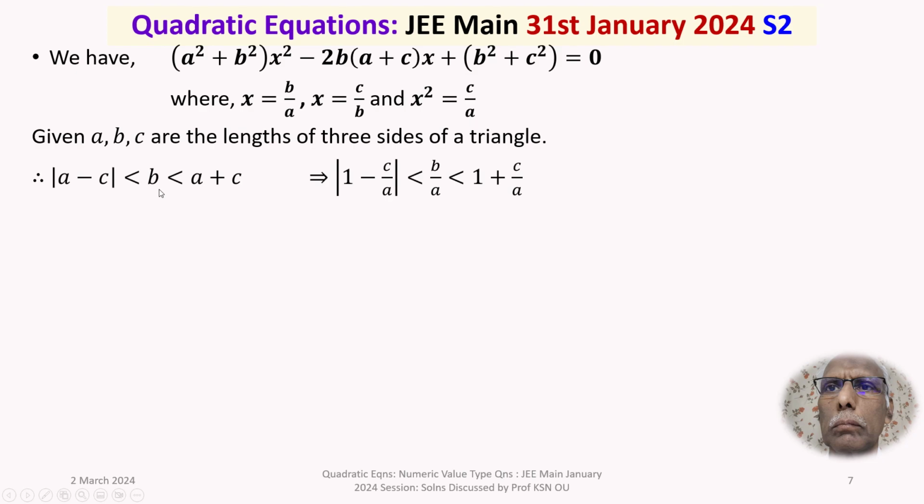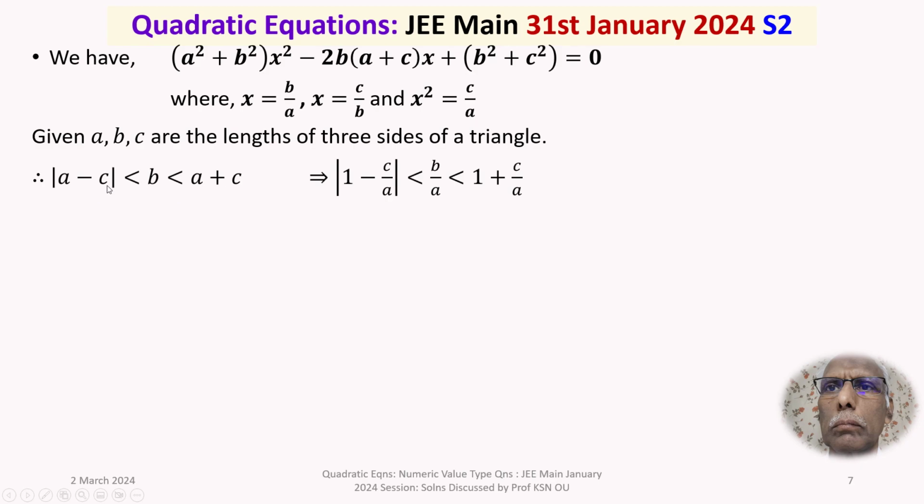And further we know b is greater than the modulus of the difference of the lengths of the other two sides, that is b greater than modulus of a minus c. Thus we get modulus of a minus c less than b less than a plus c.